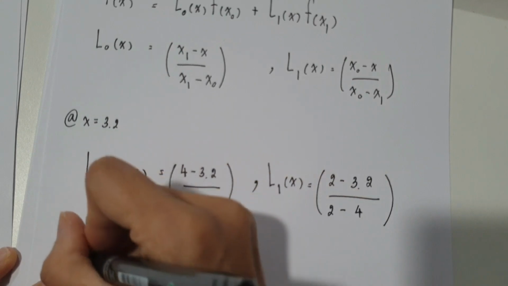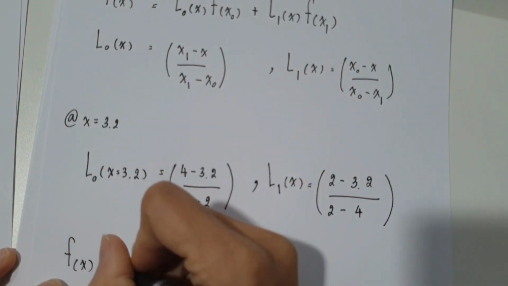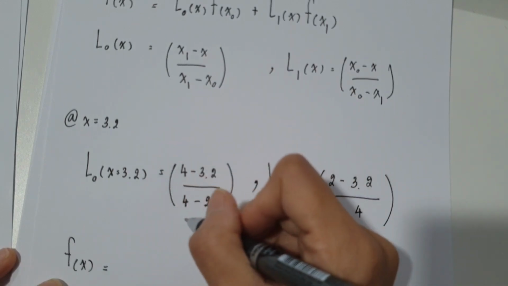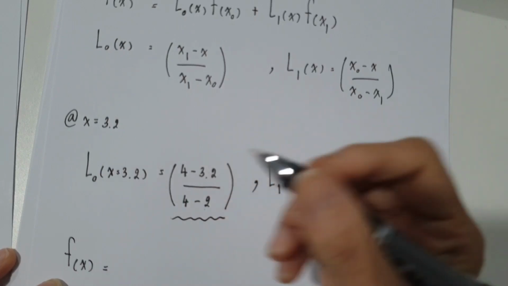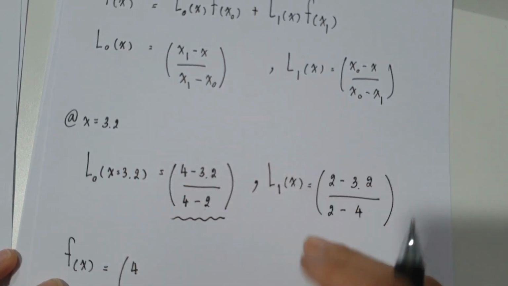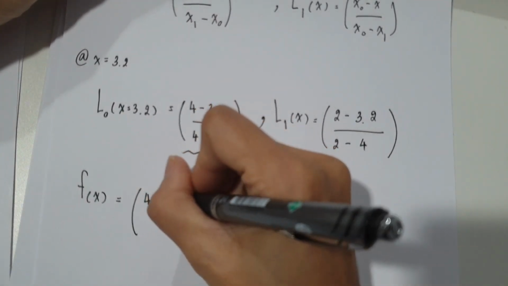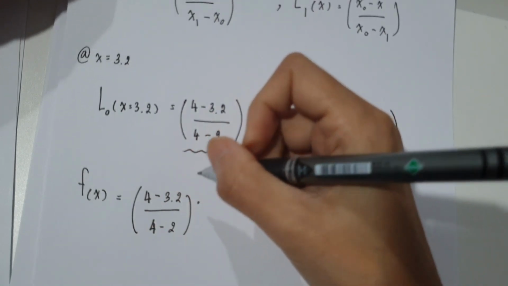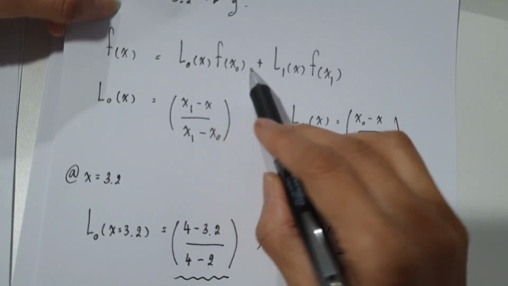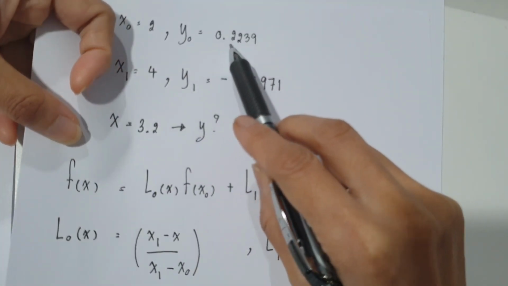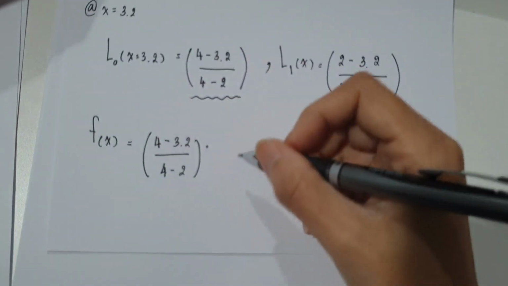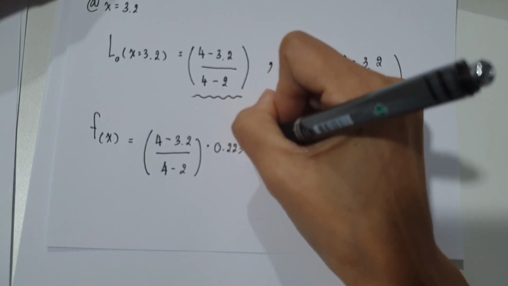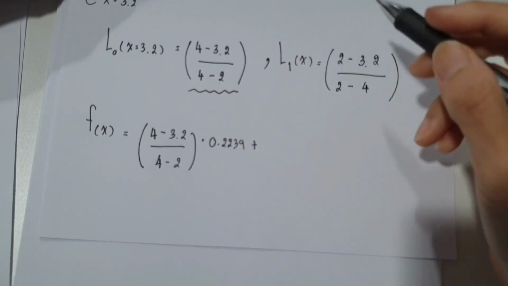Then what do we get? We get f(x) equal to this term. So it is (4 minus 3.2) over (4 minus 2) times f(x0), where f(x0) is 0.2239, plus L1 times f(x1).